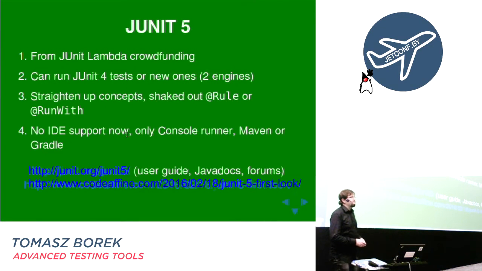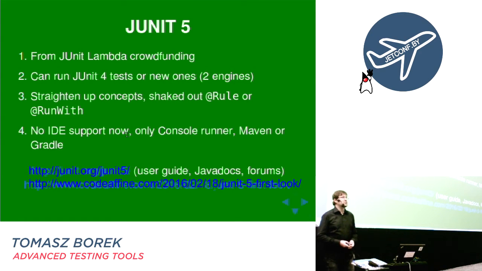JUnit 5. Now February this year was an interesting month because the JUnit Lambda crowdfunding campaign actually came to fruition. Okay, they finished the alpha version. JUnit 5 as of this moment is unreleased.